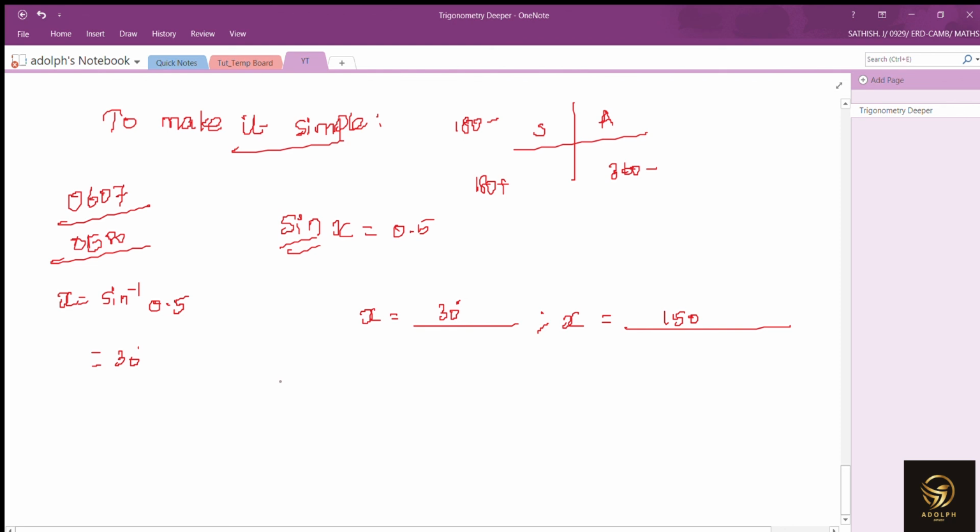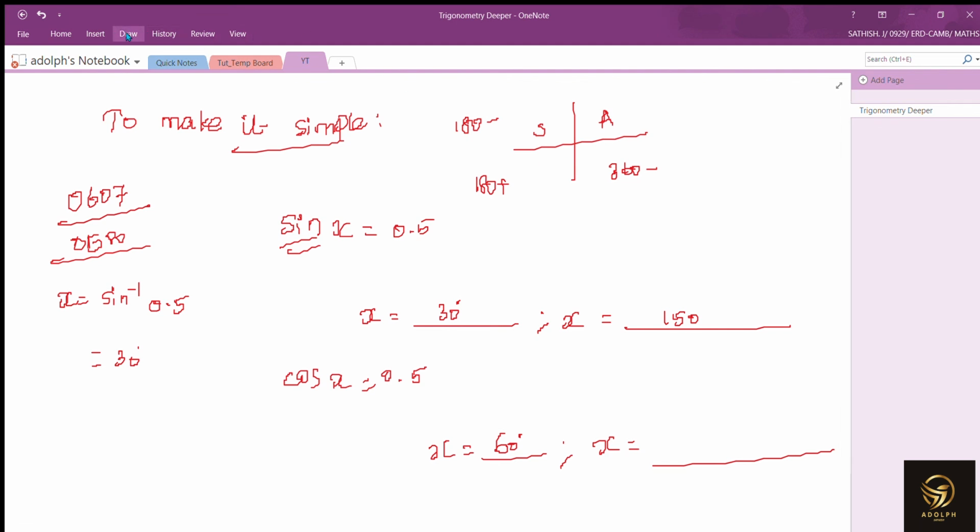In the same way, for example, if you take cos x equals 0.5, what are the two values of x? How do we solve it? It is simple. Cos x equals 0.5, so cos inverse of 0.5 will give us 60 degrees. If it is 60, what is the other value? Are we going to write it as 180 minus or 180 plus? No. We have one strong thing in our hand. What is that?